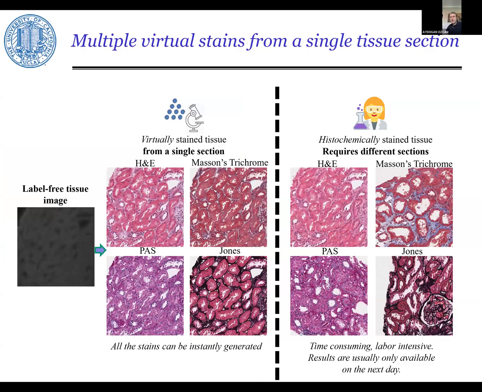So I want to come back to this slide, which arguably is perhaps the biggest advantage of virtual staining among some others, which is preservation of tissue and multiplexing. If I can take a single cross-section here and transform it into contrast 1, contrast 2, stain 3, stain 4, etc., I can also establish transformations between stains. You can take H&E and transform it into different stains.